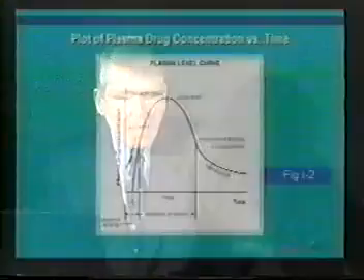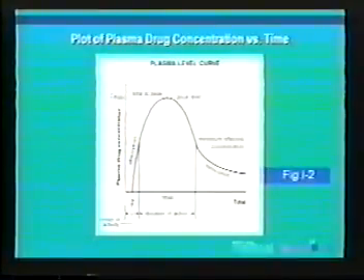But then if you follow what happens to the blood level, you'll notice that it begins to go up, and it eventually reaches a point where we're beginning to see some pharmacological effects. And that is shown by the line that's going across horizontally, representing minimal effective concentration. And the minimal effective concentration is when you first get to see pharmacological effects.